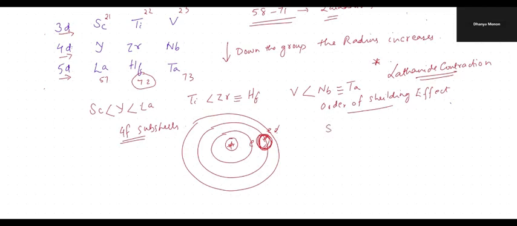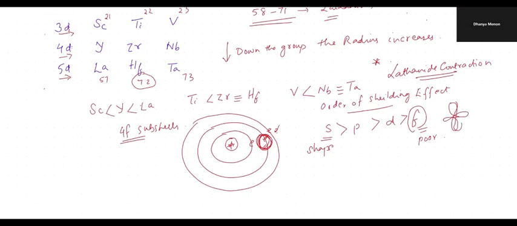It shields the outer electrons. Next is P, next is D, next is F. S has maximum shielding effect because of the shape. And F has the poorest shielding effect because of its eightfold shape.